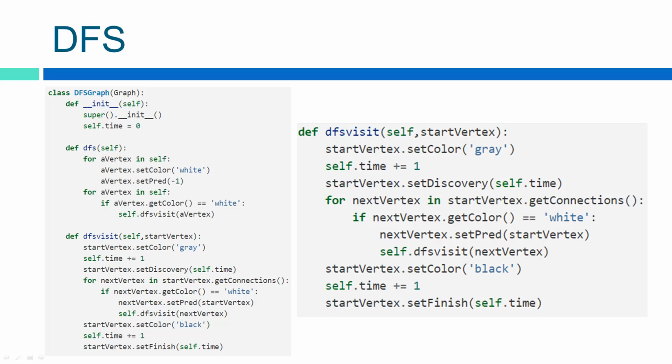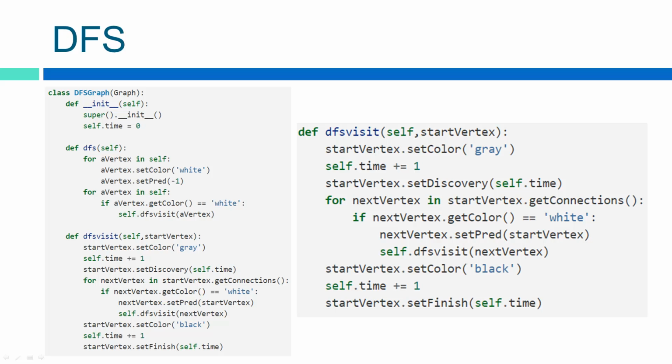DFS visit calls itself recursively to continue the search at a deeper level. If we take a look here, DFS visit is recursively called right here, to continue the search at a deeper level. Whereas BFS adds the node to a queue for later exploration.